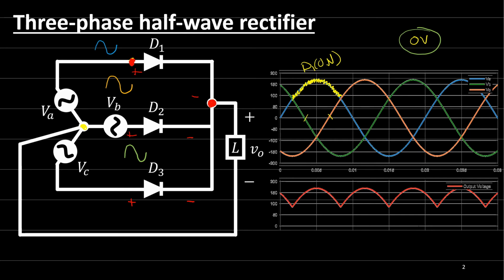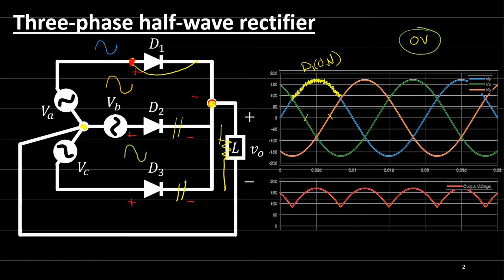When diode 1 is on, this means this is short circuit here and this is open circuit, and the voltage across the load, let's say this is a resistive load here, so the voltage across the load V out is equal to how much?